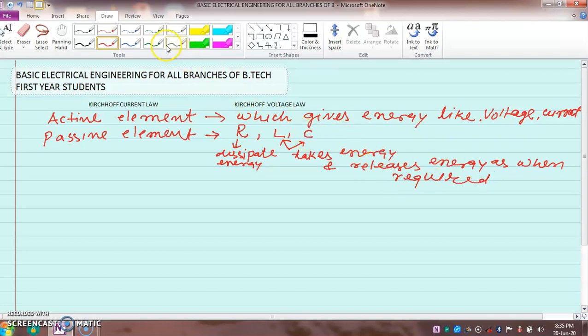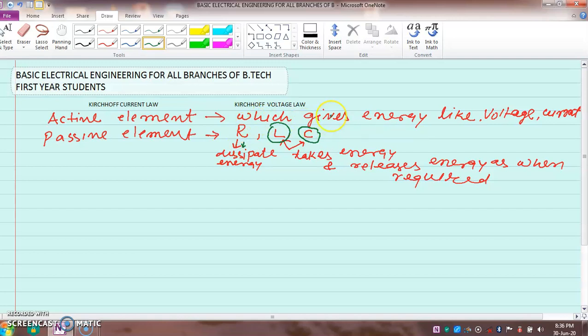This is not an energy producing element, this is taking energy. Inductor and capacitor also take energy, and whenever needed they release that energy. So taking and releasing energy, and resistance dissipating energy, these are called passive elements.